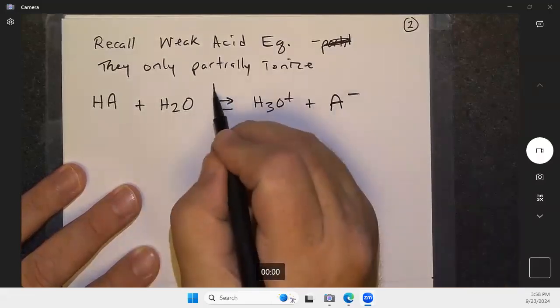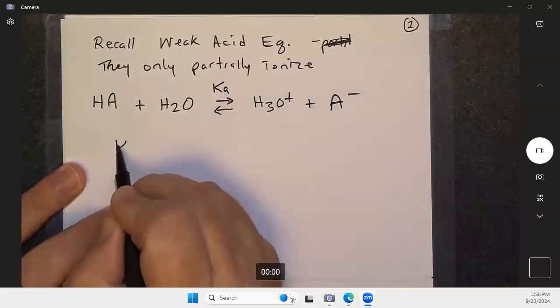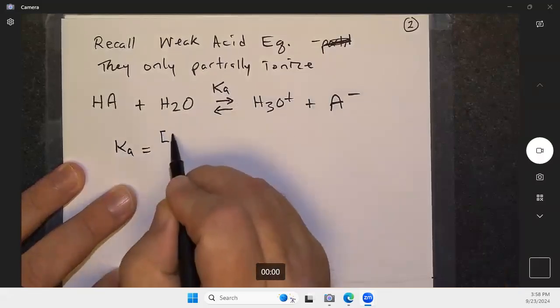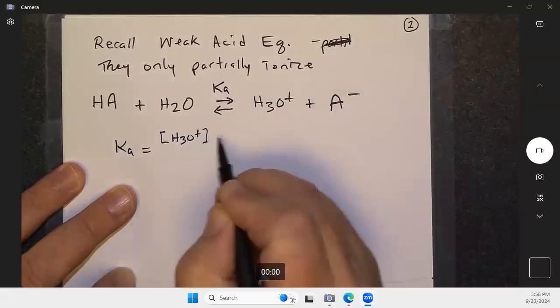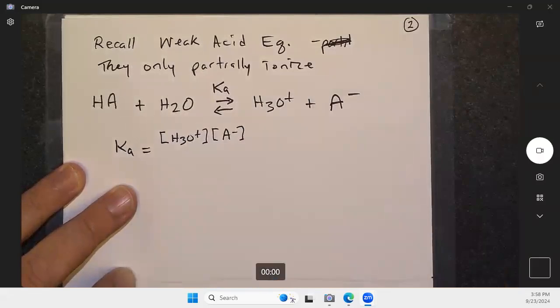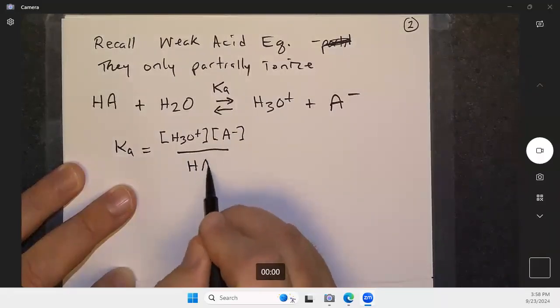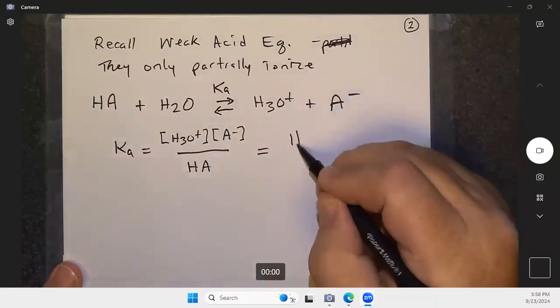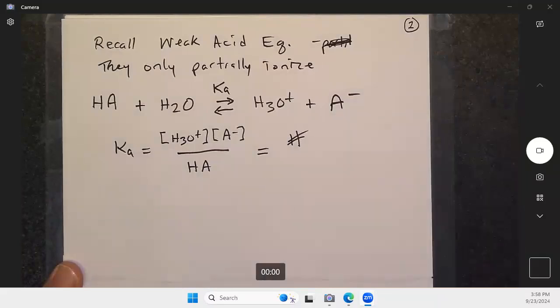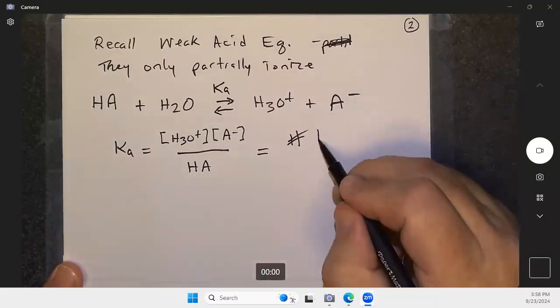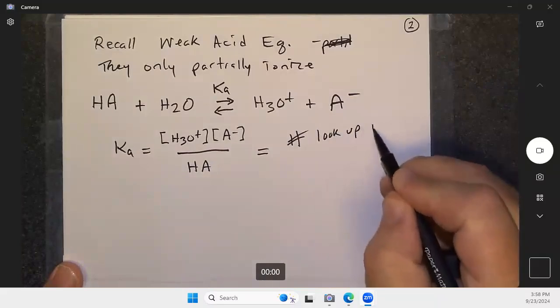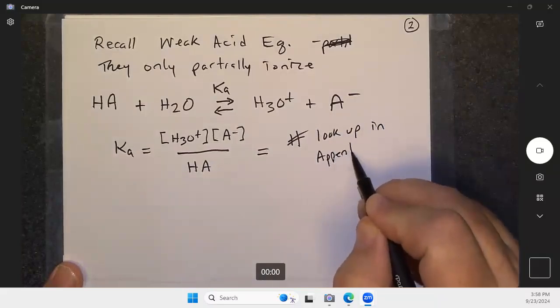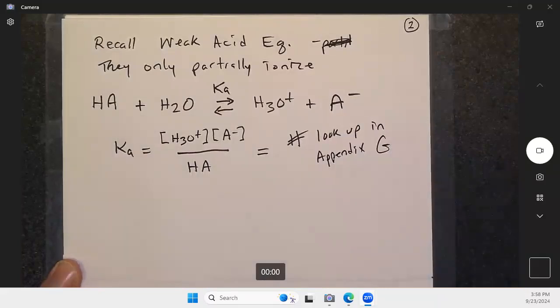And we can write the expression for Ka as H3O plus times A minus over HA. That is equal to some number that we look up in appendix G. It's typically small.